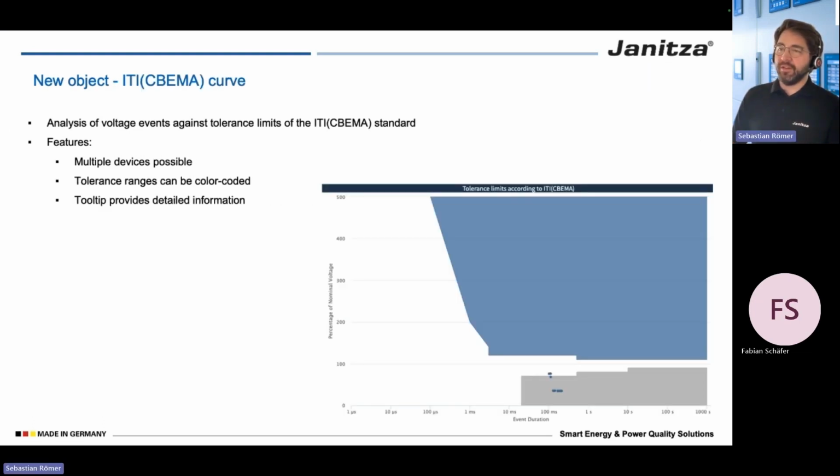The next thing that is also known from the event browser from GridVis is the new object of the CBMA curve. And in this case, we also built the graphical representation right into your dashboard.